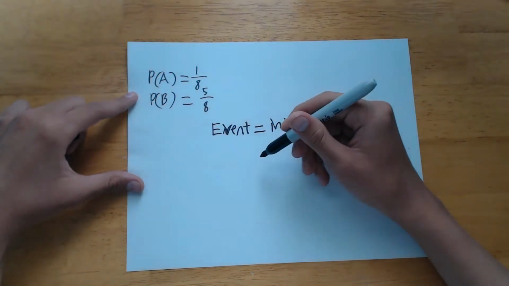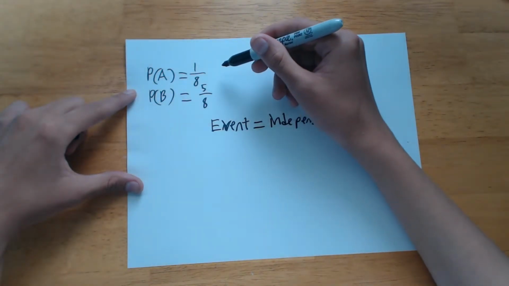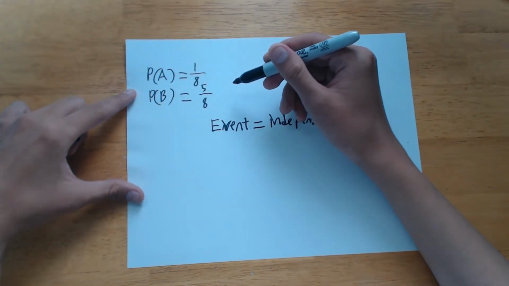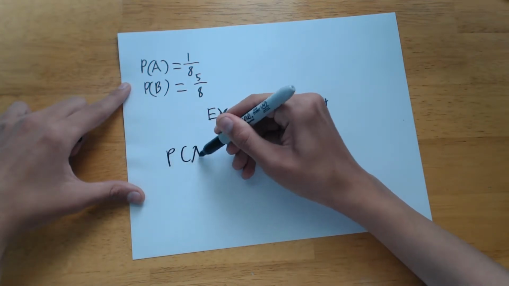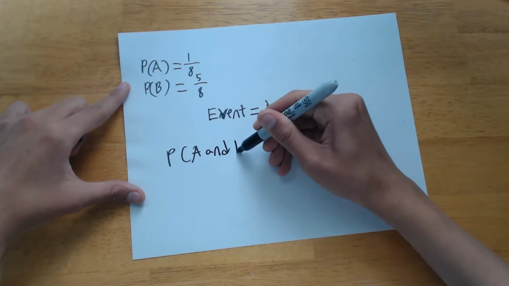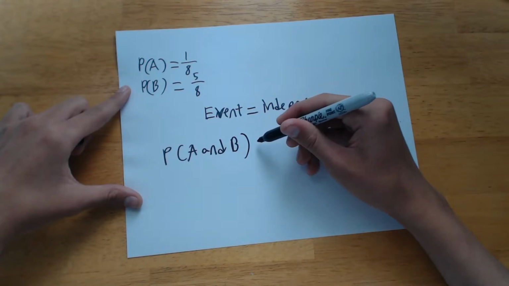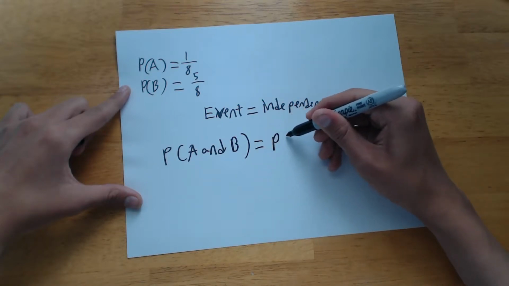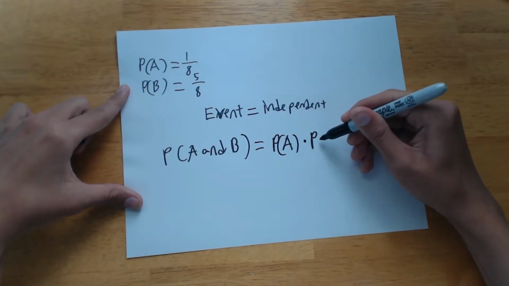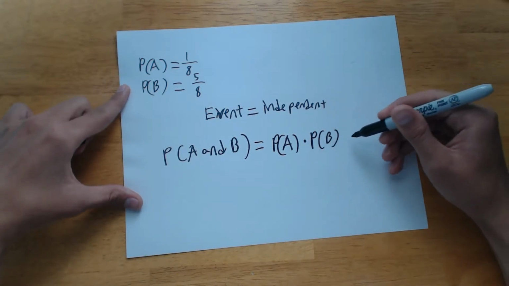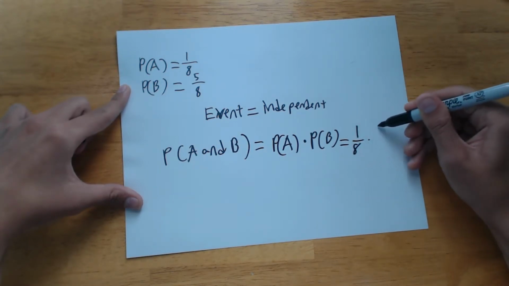So the way we can figure out the probability that we get a 5 on the first spin and then a number greater than 3 on the second spin, we can write it like this. It's pretty much saying the probability of A happening, times the probability of B, which is written like this.